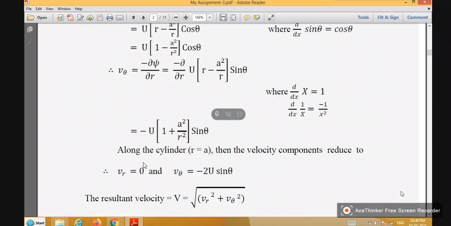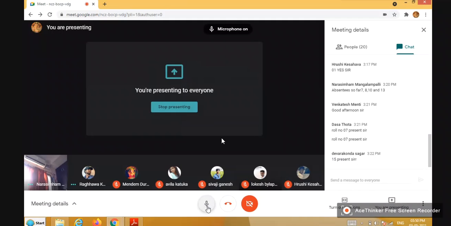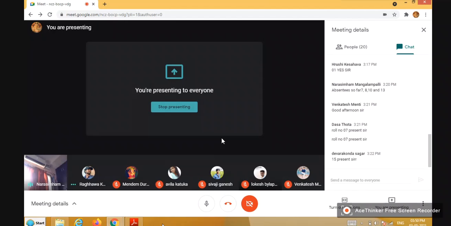See, this is the problem if you copy from that Bansal book. Have you copied it from Bansal book? Harika, tell me, where from you have noted this, along the cylinder?